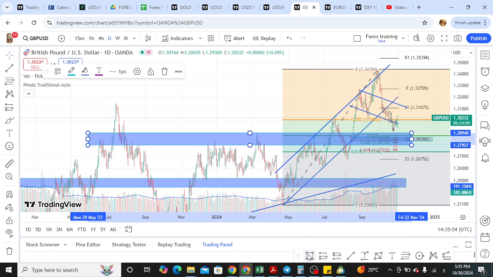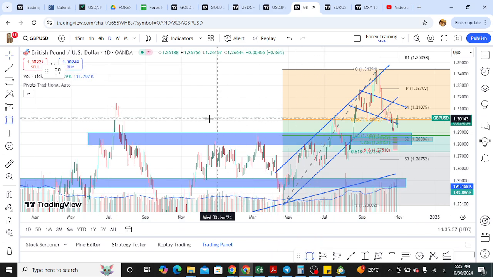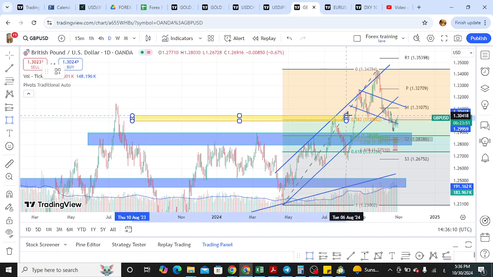We can take this point here and this point here. If we are going to draw one, we are going to draw one from this point to that point here.